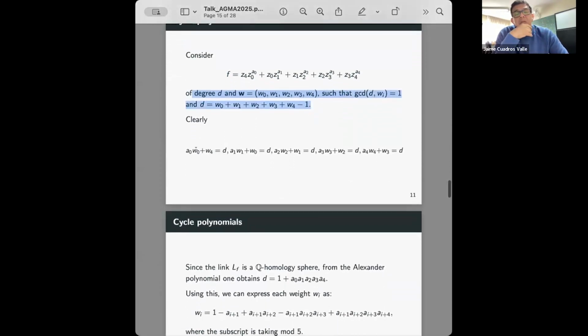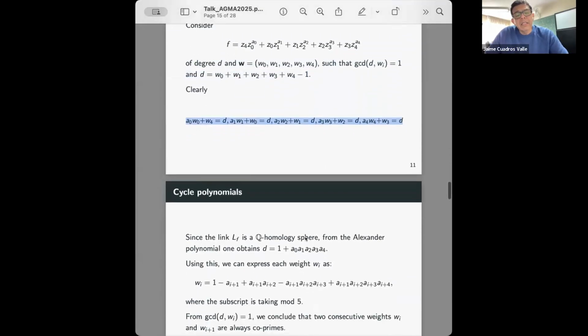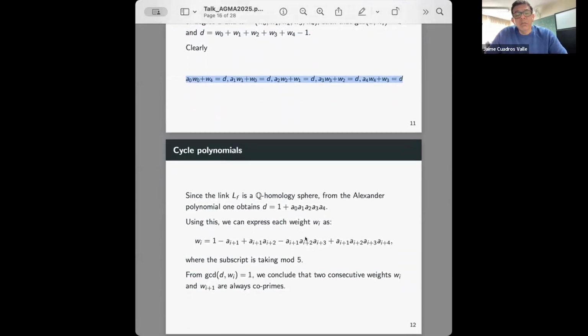And then we have some condition given simply by the form of the polynomial. And then one can play a little bit with this, and the fact that we are dealing with a rational homology sphere allows us, through the Alexander polynomial for links, to describe the weights of the action associated to the polynomial in terms of the exponents of the polynomial.